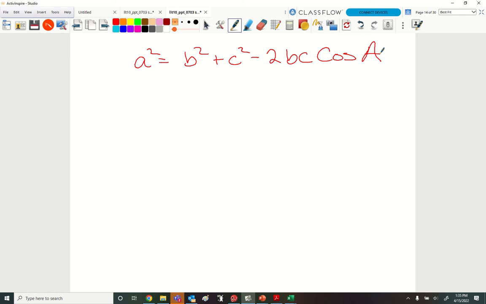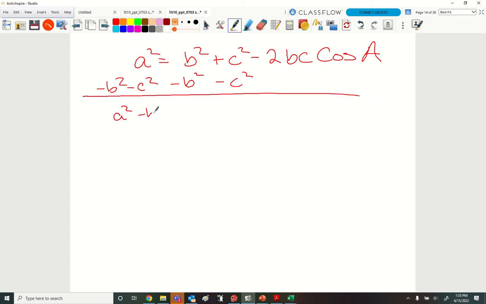These are both positive, aren't they? So since they're both positive, I'm going to subtract both of those to the other side. So minus b squared minus c squared. If I rewrite this, it's going to be a squared minus b squared minus c squared is equal to negative 2bc cosine of A.